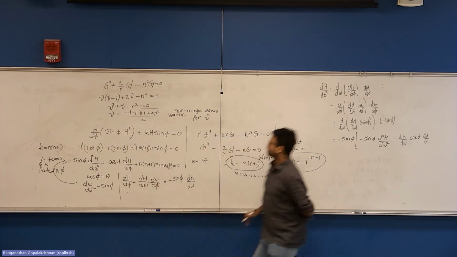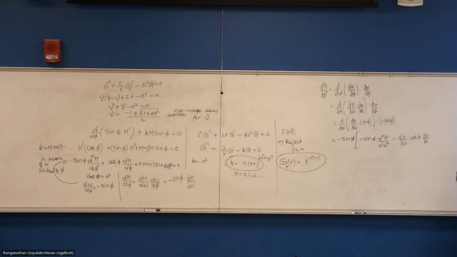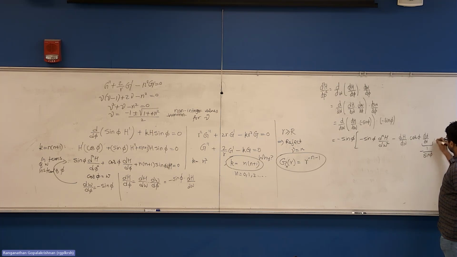Yeah, minus 1 by sine phi. So this is minus 1 by sine phi. Doing this right?